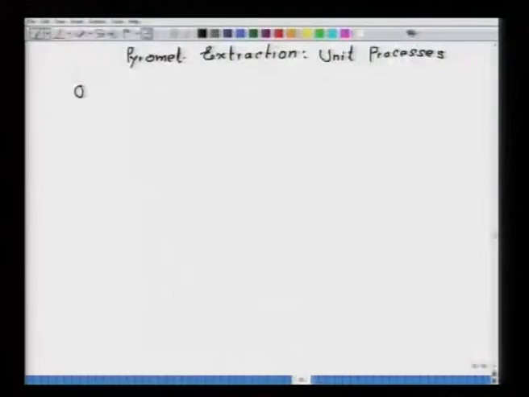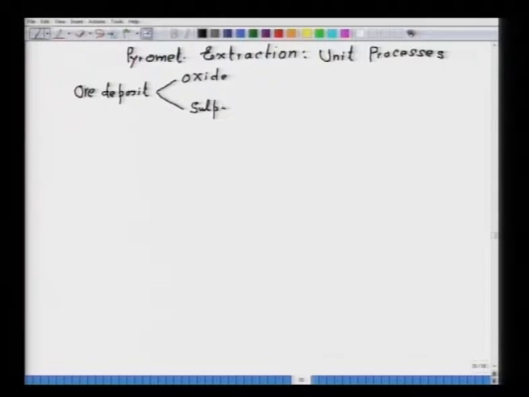Now, as all of you know that ore deposits in the nature, they are either oxidic, the oxide ores, or you have sulfide ores. With this I mean that most of the metal ore deposits are either in the form of oxides or in the form of sulfides.